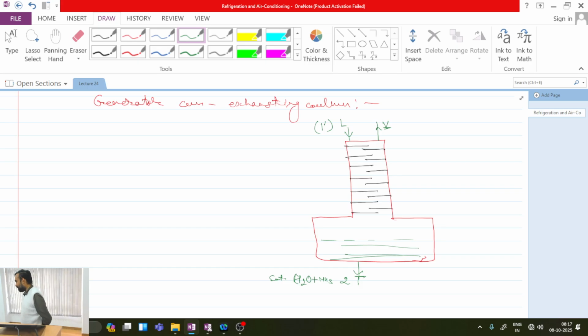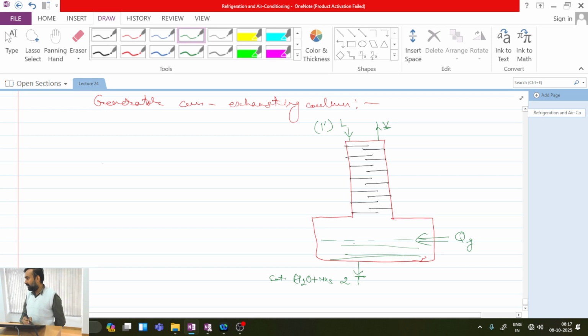So these are all my mass interactions in this control volume. Other than that, I'll also be having one heat interaction. What is the heat interaction? This is the generator-cum-exhausting column. So in this generator-cum-exhausting column, I am adding Qg amount of heat. Now we know already the analysis. First part, what we need to do?